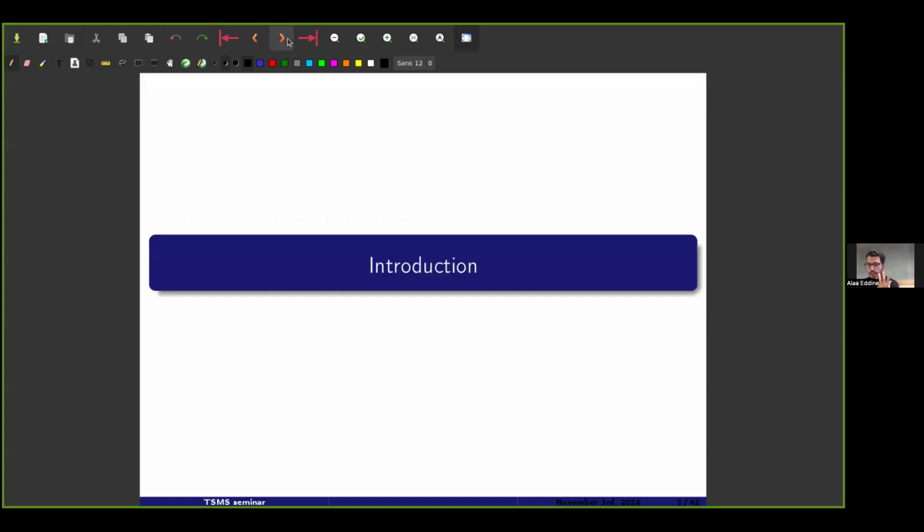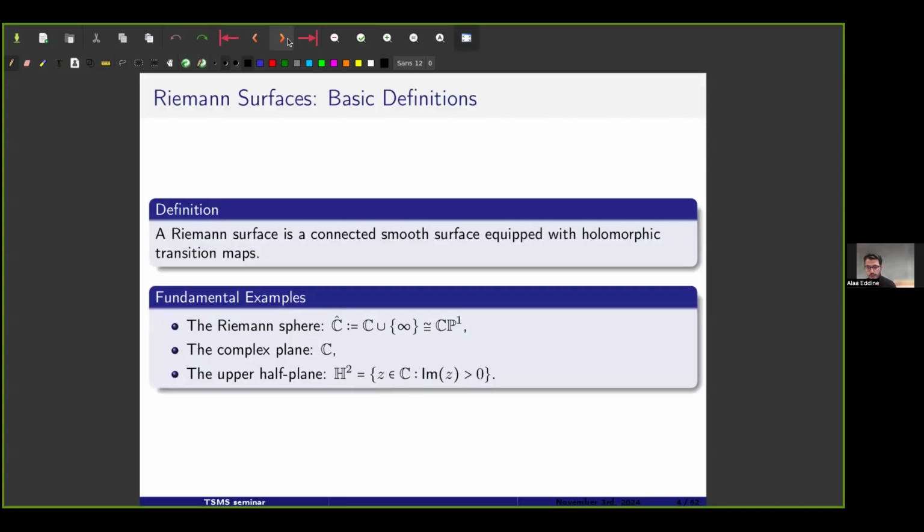Okay, so let's start first of all with what is a Riemann surface.